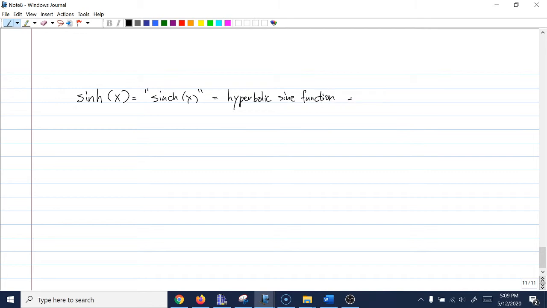And its formula is, sinh of x is e to the x minus e to the negative x over 2. What? That's a weird function to give a name to. It turns out it's useful. Damn it. Divided by 2.